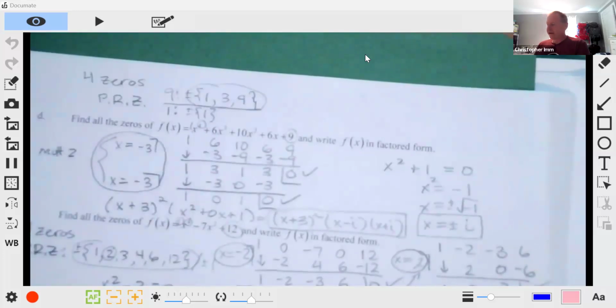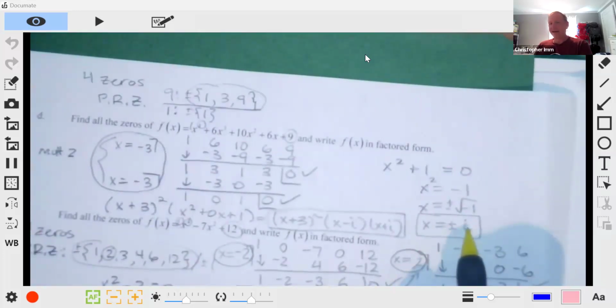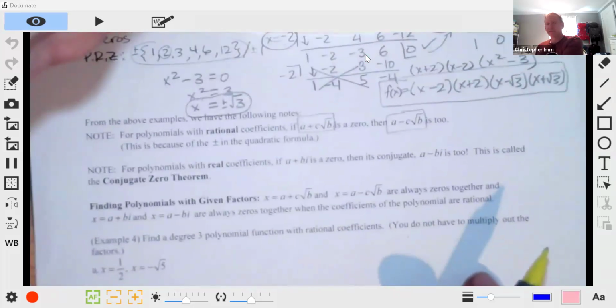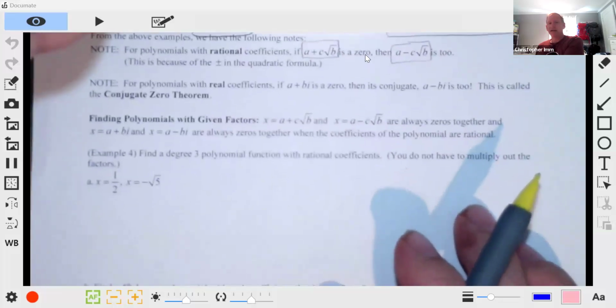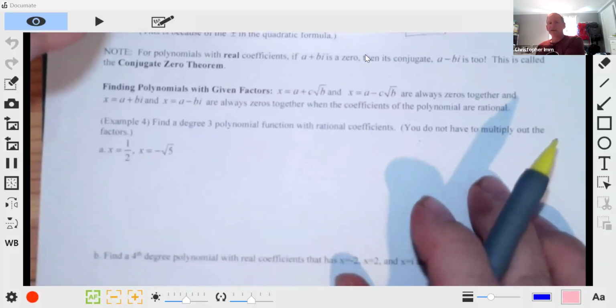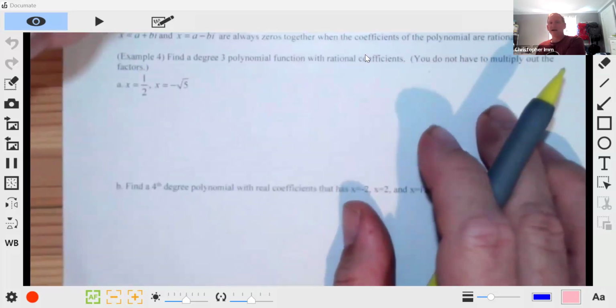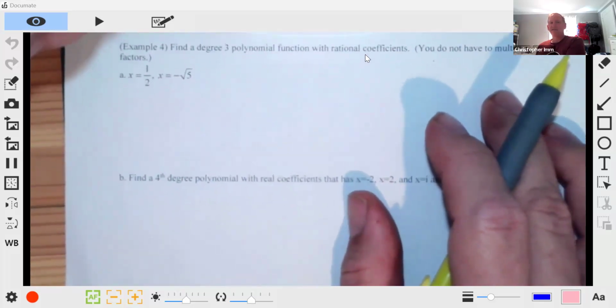So we can illustrate this above. Here we saw that we had plus i, so negative i had to be in there. And essentially this comes from the quadratic formula as well. Okay, so now we're going to use these ideas to go ahead and construct polynomials.